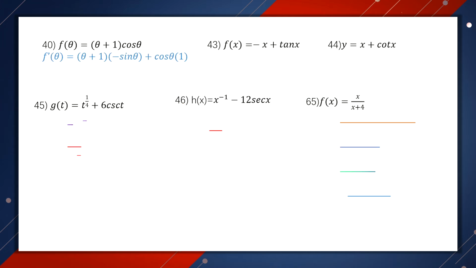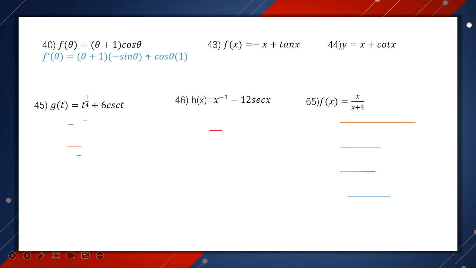So in question 40, f of x equal to x plus 1 times cosine x. So in this question we should separate the equation and it becomes x plus 1 times negative sin x plus cosine x times 1.